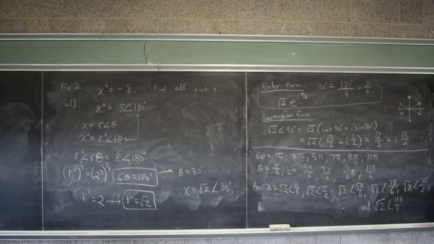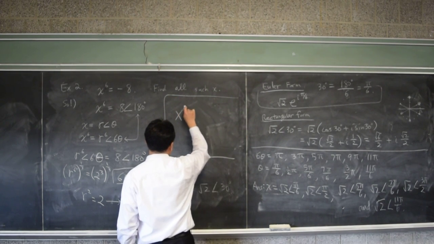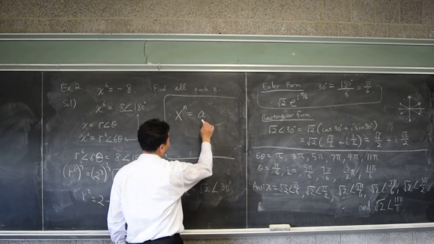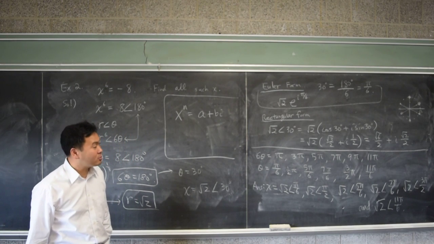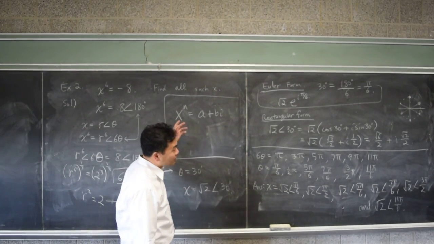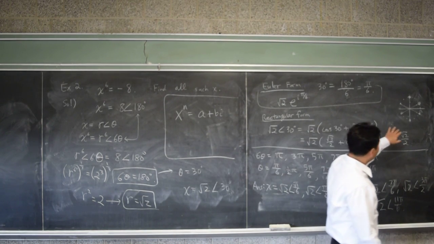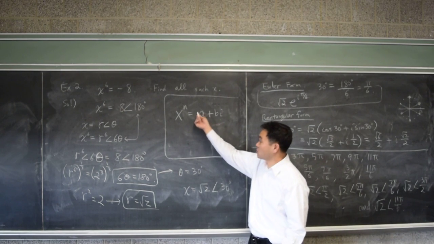And this is always true. If you have the form of an equation that looks like x to the n equal to a number, or it could be a plus bi, whatever, then the solution will always be on some circle whose magnitude is determined by the nth root of the magnitude of this one.